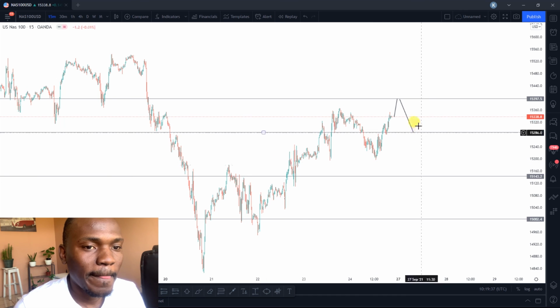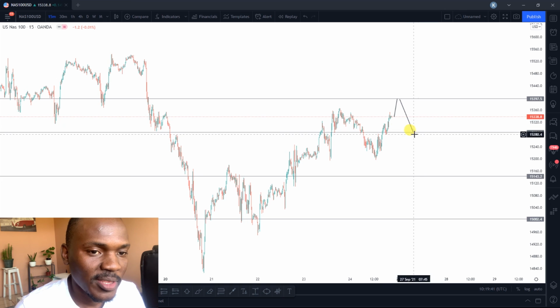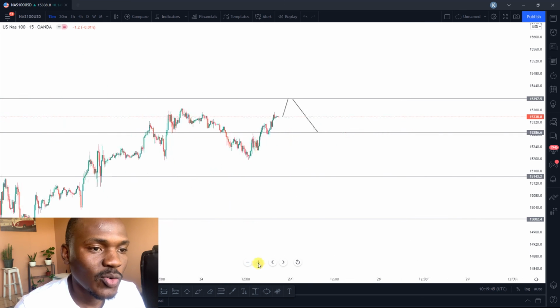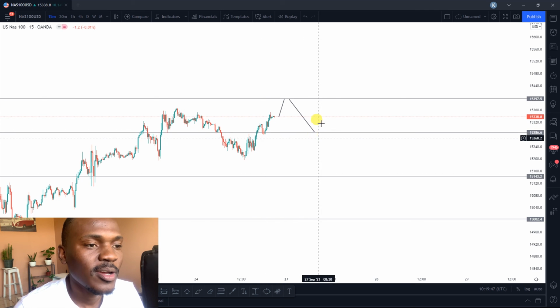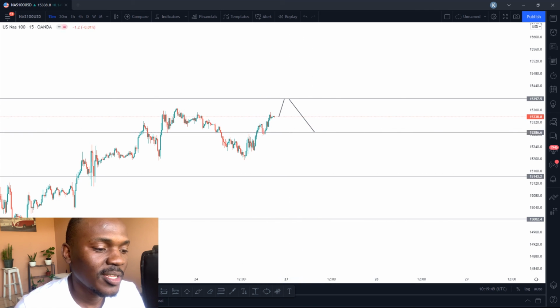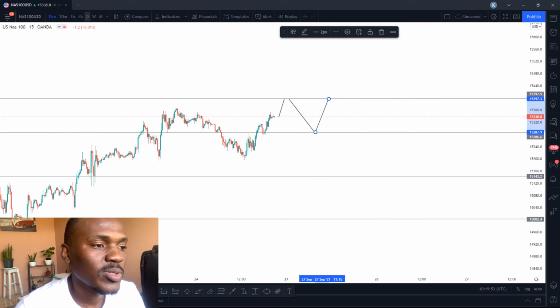And then we're gonna have to see what the market reacts here. The market can possibly break this level, come back, retest it, and continue going down, or we wait for another price action, then we buy this market, right? So it's simple as that, guys.